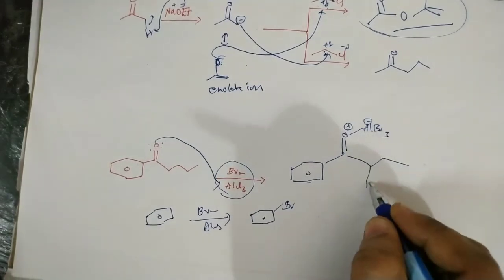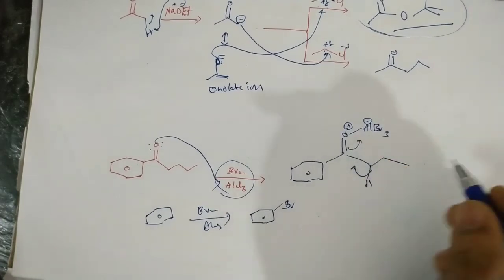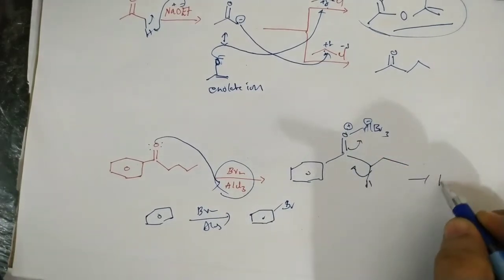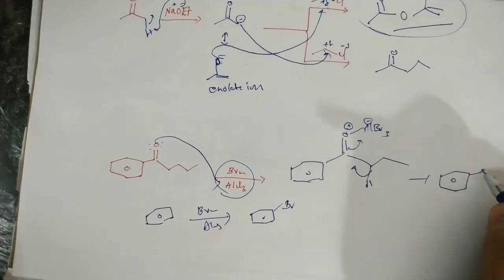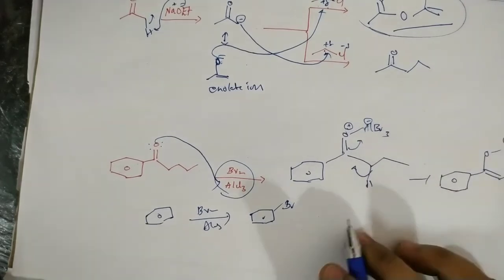That's it. Now these hydrogens are enolizable, so enolization takes place. So the bond C-O-AlBr3, here negative charge, so a double bond forms. That's it.